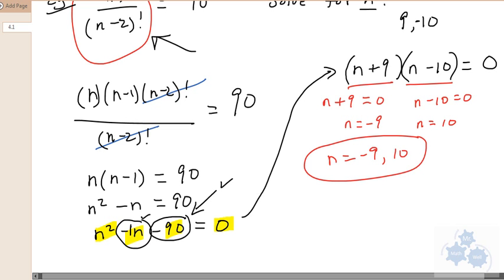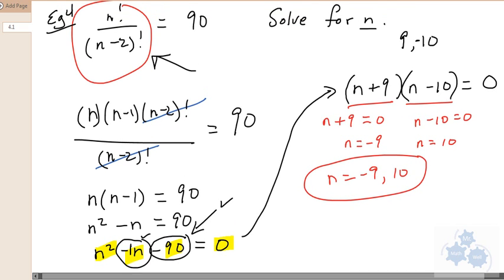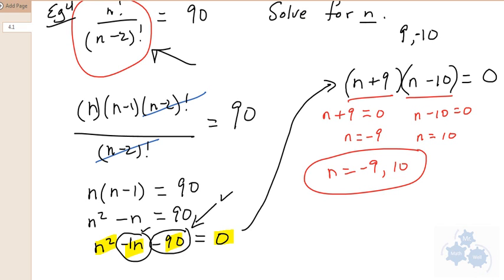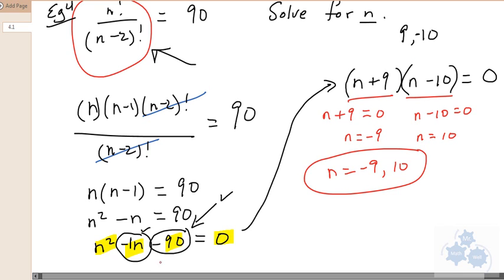Okay? The only problem is that you're going to want to check these solutions. Because sometimes when you have a quadratic equation, the answers you get, although they work algebraically, maybe don't work so well in the formula.